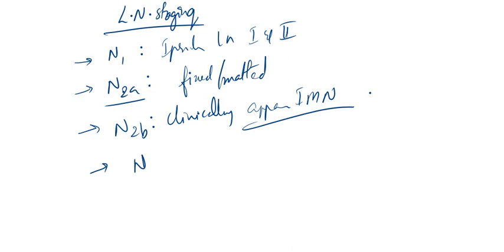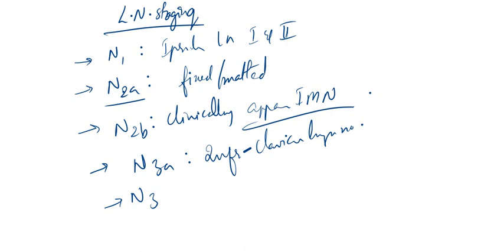Now coming to N3A, if the metastasis is to ipsilateral infraclavicular lymph nodes, that is taken as N3A. Now if the metastasis is to ipsilateral axillary plus internal mammary lymph nodes, then that is N3B.